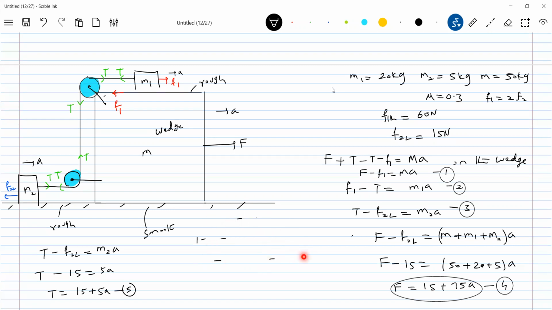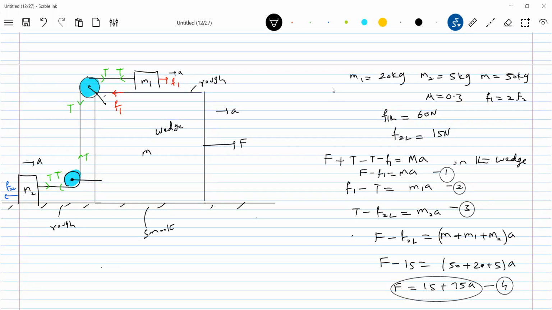Okay, now what to do? F and A are unknown. Two unknowns are there. How do we bring one more condition? So one more condition is needed here. Any help from somewhere? I'll take equation 1. What is F1? F1 equals 2F2L, or F1 equals F2, no?